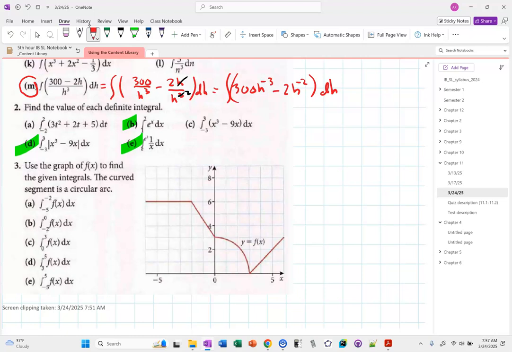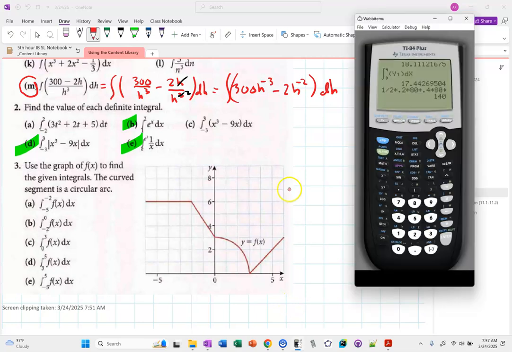Now, I would not expect you to do it by hand. That's a calculator problem. You guys cool on how to get the stuff into your calculator? Mm-hmm. Yeah, we'll do both those two things.